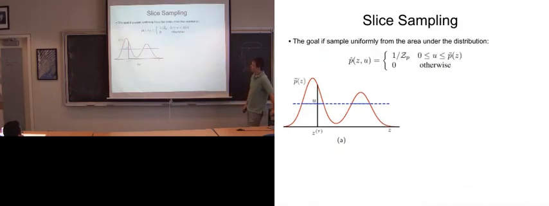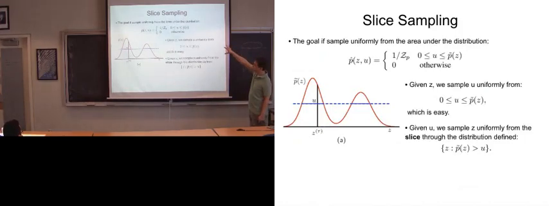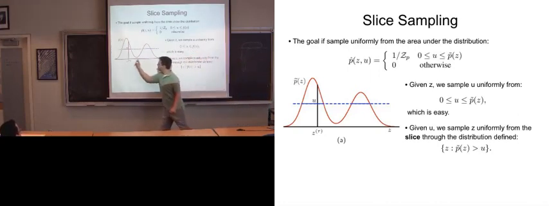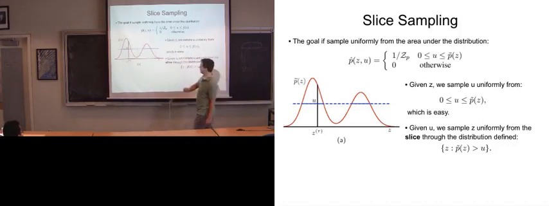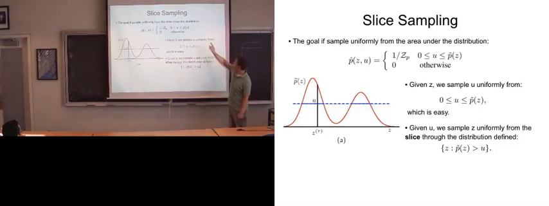So now let's see what we can do. The goal is to sample uniformly from the area under this distribution, and now we can use the conditionals. Given Z, if I give you a particular state Z, we can sample U uniformly from this region.